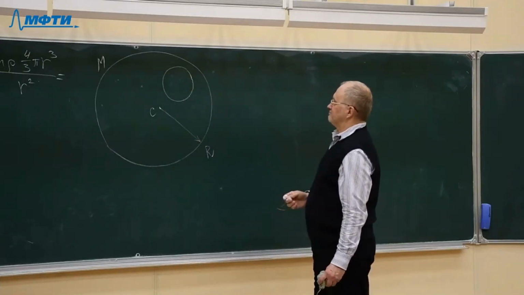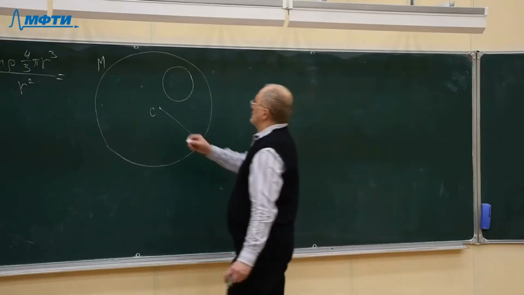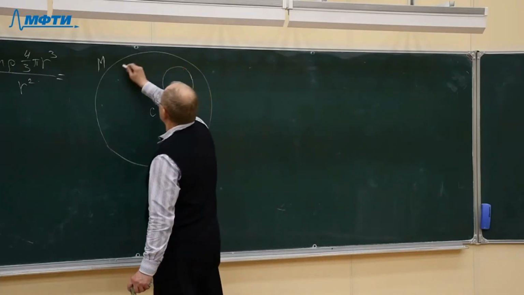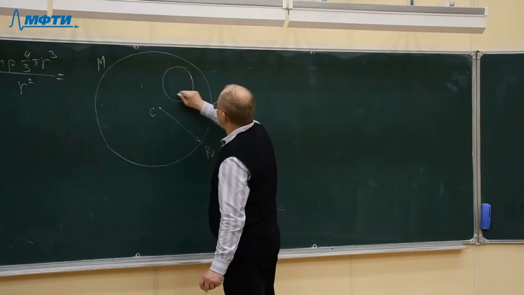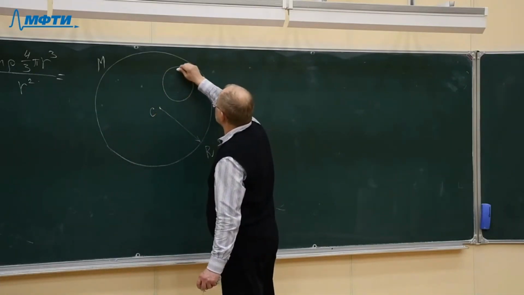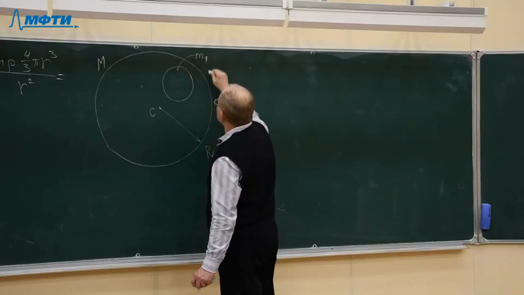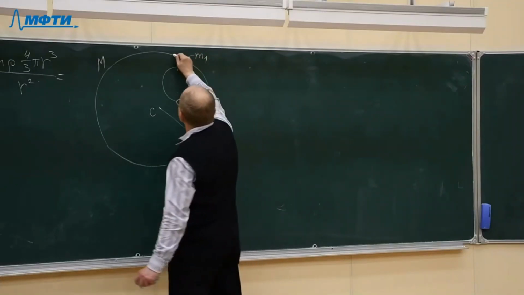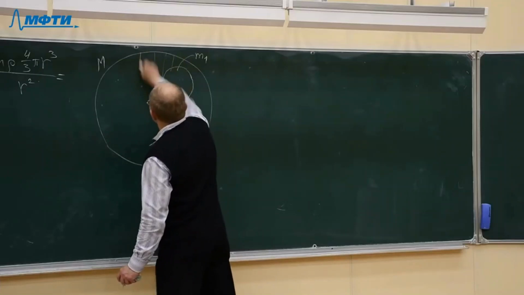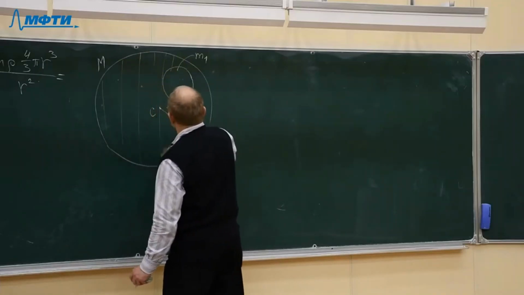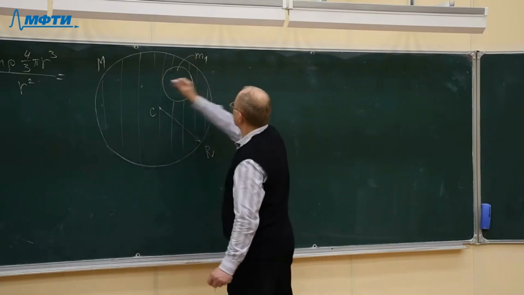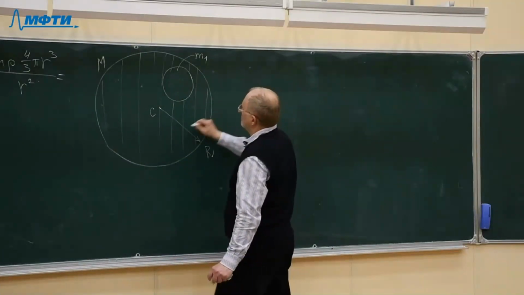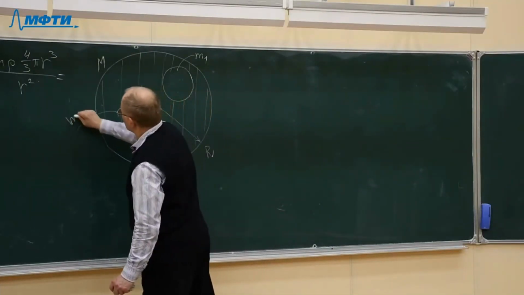Inside the main body, we consider the spherical body, so that the mass contained in this small sphere is M1, and the mass contained in all the remaining body, the mass contained here in the remaining volume, will be, say, M2.